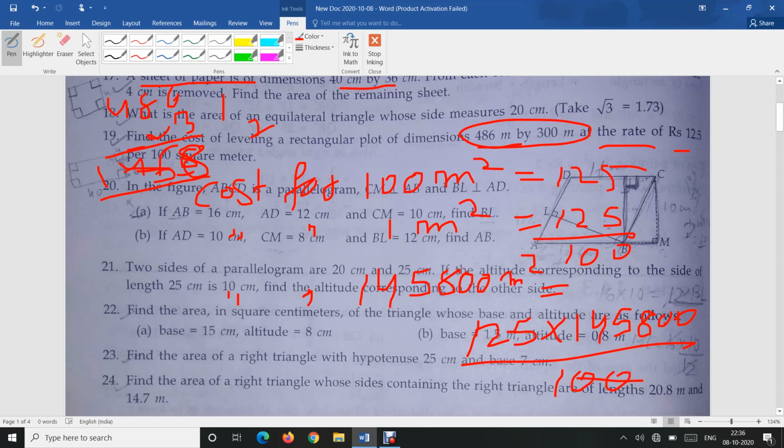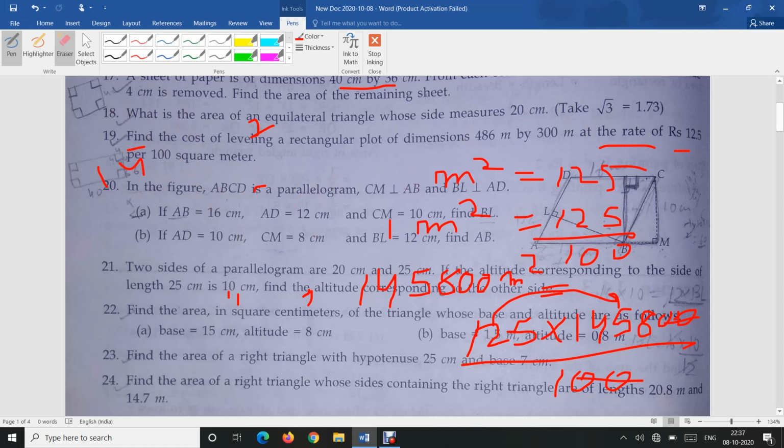You can cancel these two zeros with these two zeros and you can multiply this 125 by 1458. In this way you can get the cost for the whole area of the rectangular plot. Hope you understand this question also.